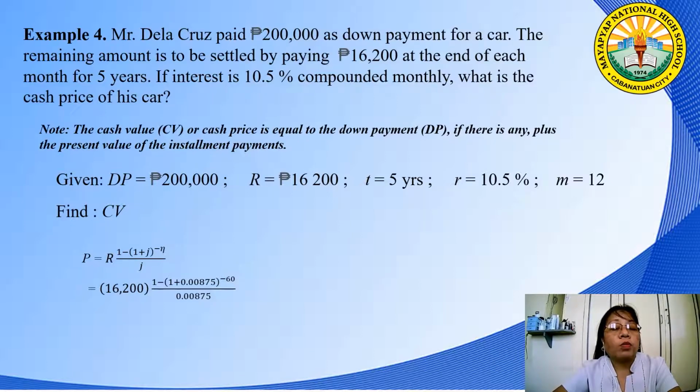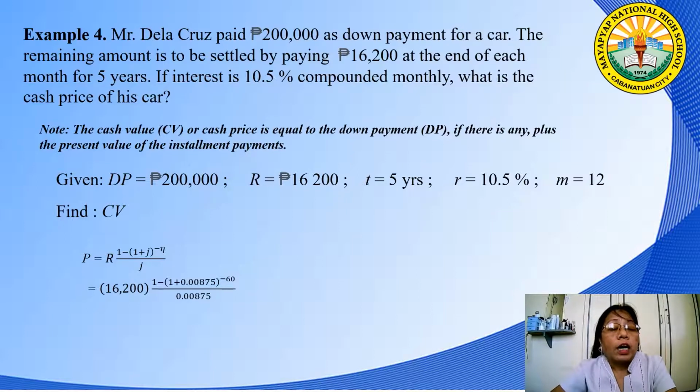Note that the 0.00875, or the j, is computed using the formula j equals i over m.